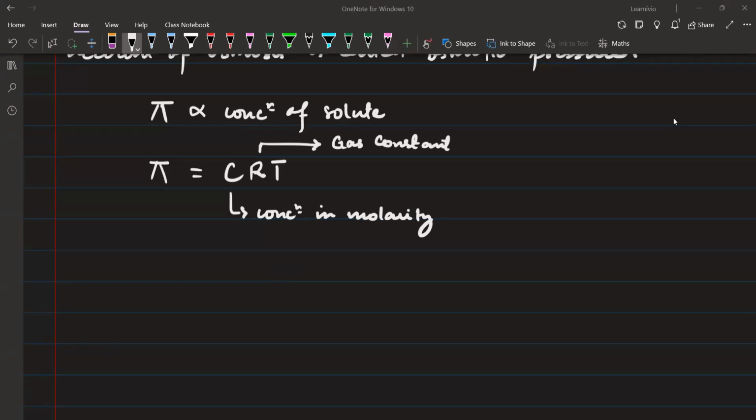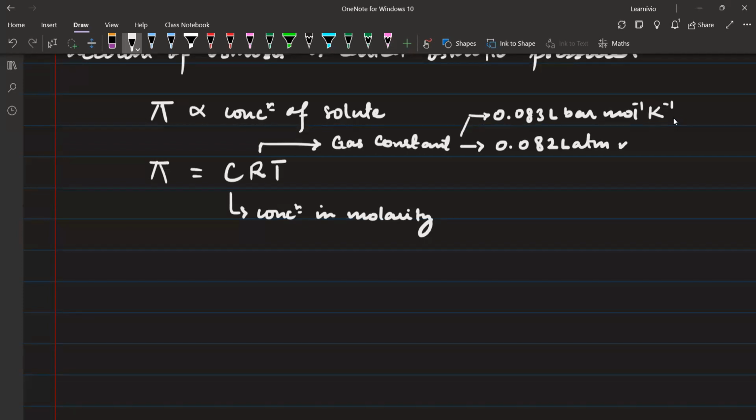It is either 0.083 liter bar per mole per Kelvin, or 0.082 liter ATM per mole per Kelvin. ठीक है?